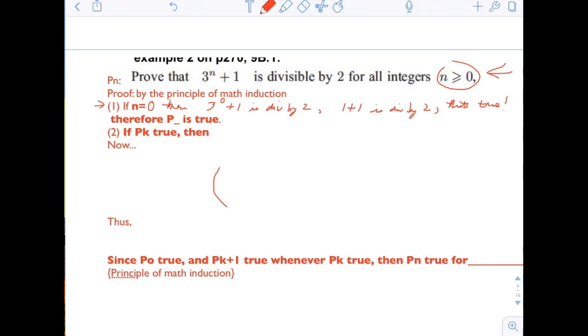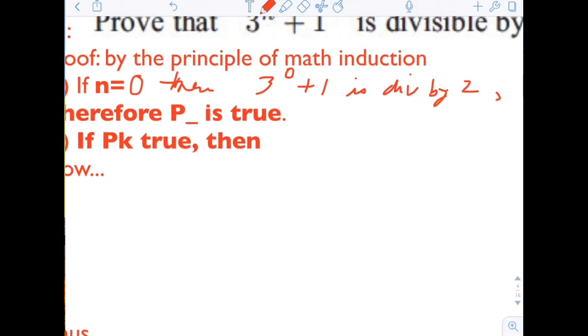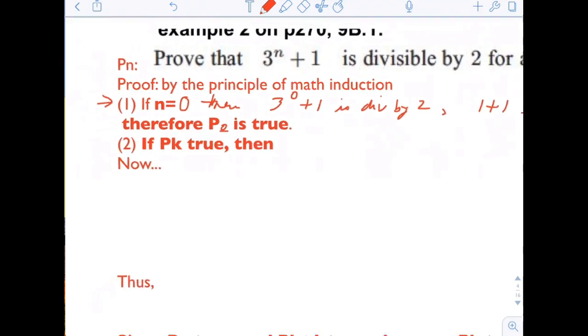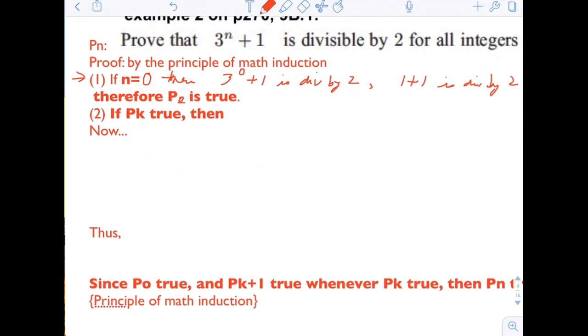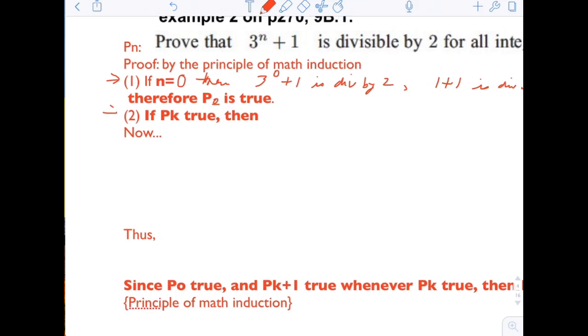So therefore P of 0 is true. So if P of k is true, now this is the step case where we're going to assume first that step k is true, and then we're going to see if that implies that k plus 1 is true.